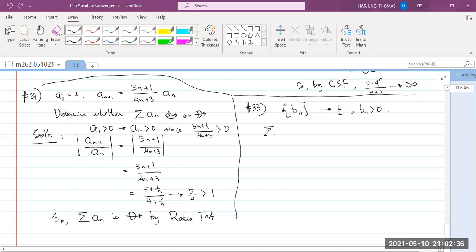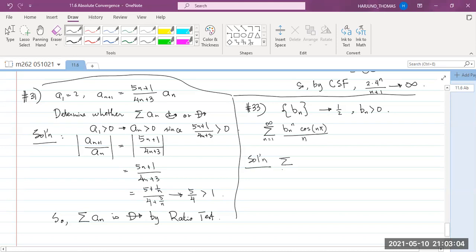So determine whether the series from 1 to infinity of b sub n to the n, cosine n pi over n. Solution.